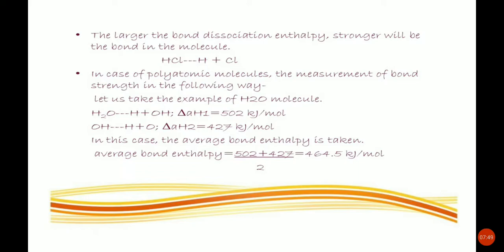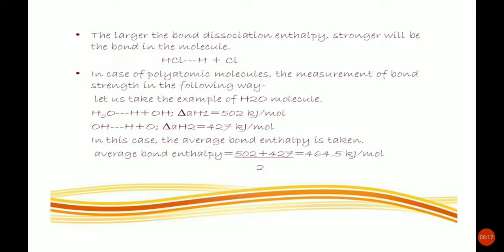So the H-OH bond enthalpy is 502 kilojoule per mole. And then OH breaks into hydrogen and oxygen. That is the second bond enthalpy, which is 427 kilojoule per mole.